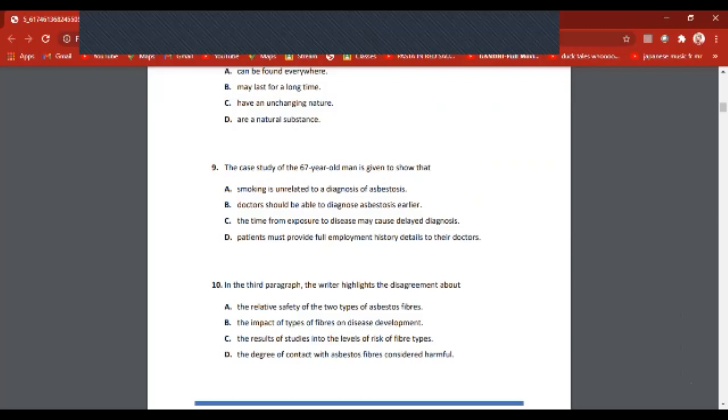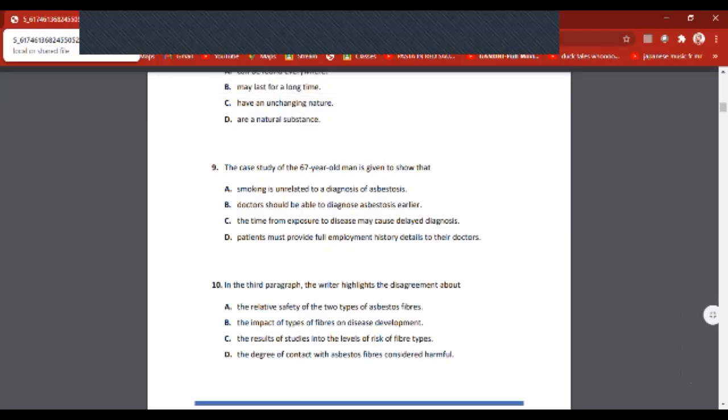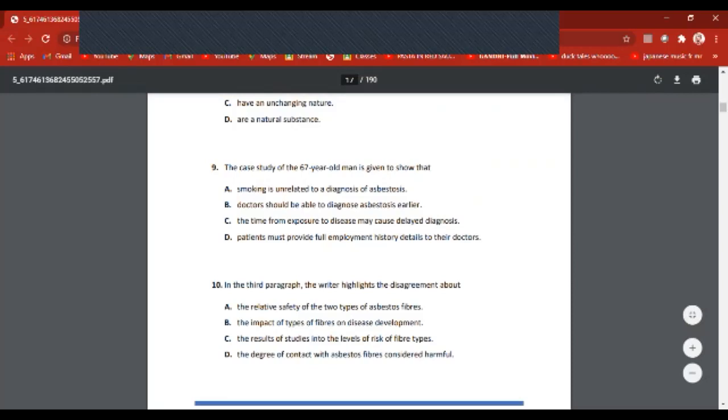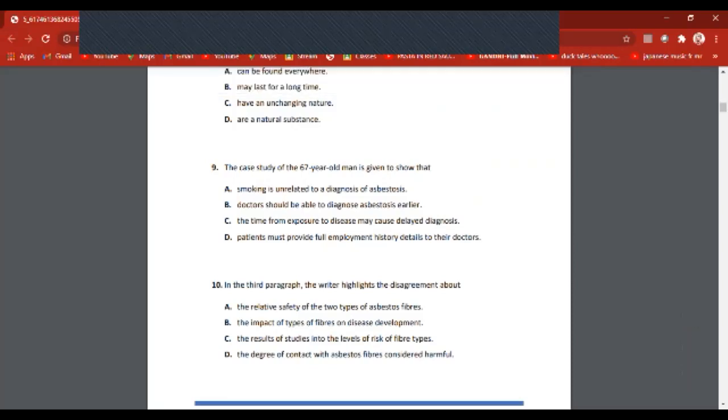Second, doctors should be able to diagnose asbestosis earlier.